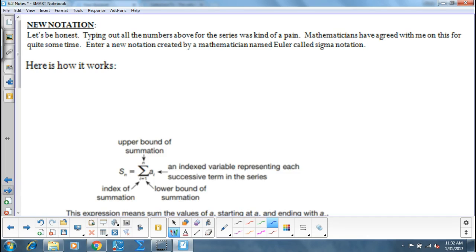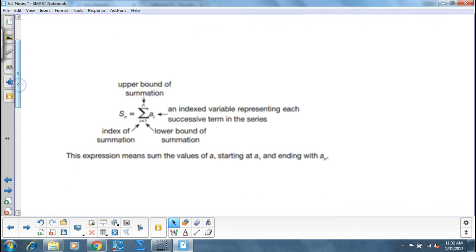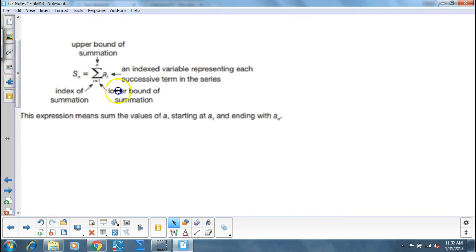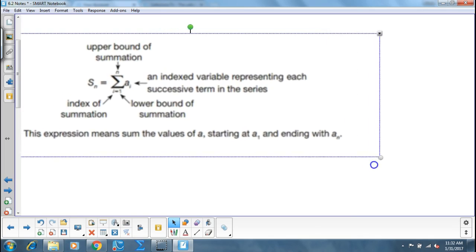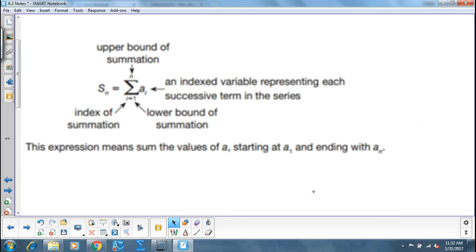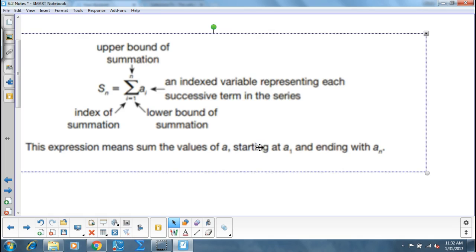So now I'm going to blow your minds. Because there's something out there called sigma notation. Okay? You've probably actually seen it before, and I'll show you where you've seen it before.